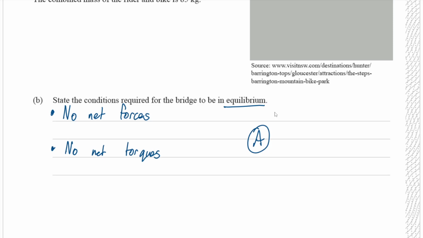So static equilibrium: there are no net forces and there are no net torques. You could have also said balanced forces and balanced torques. Right, same meaning.